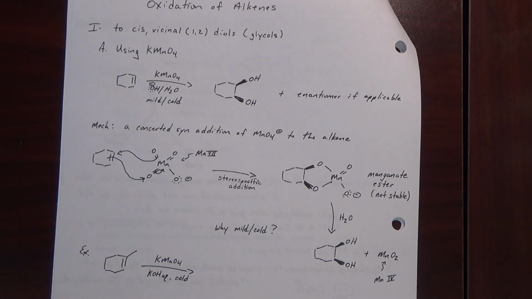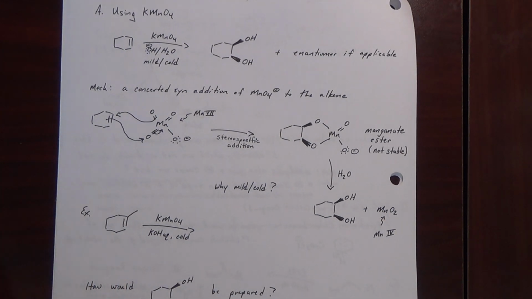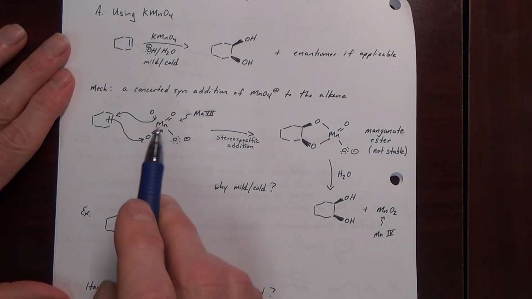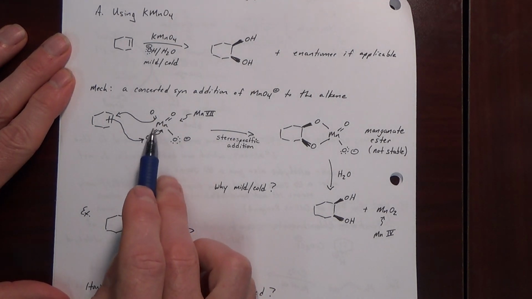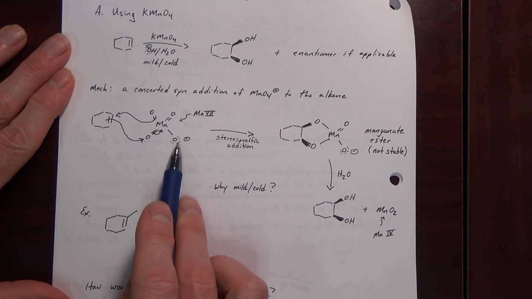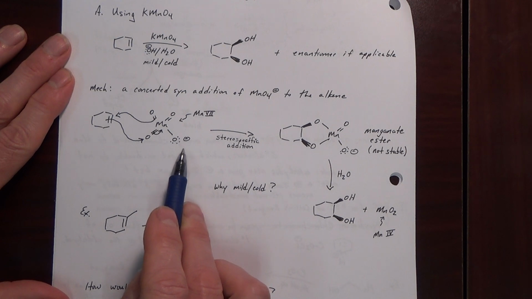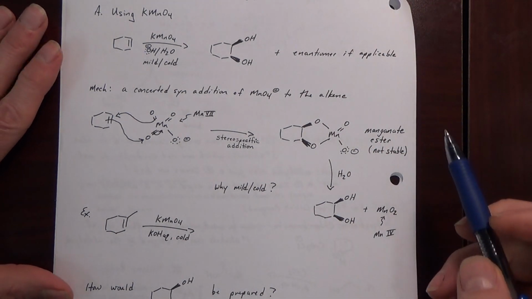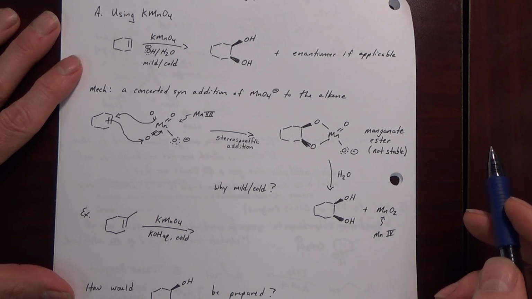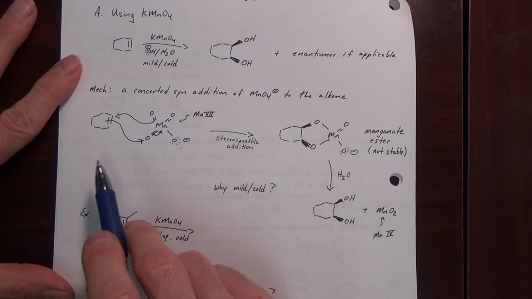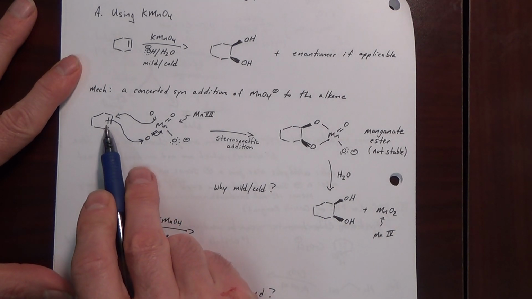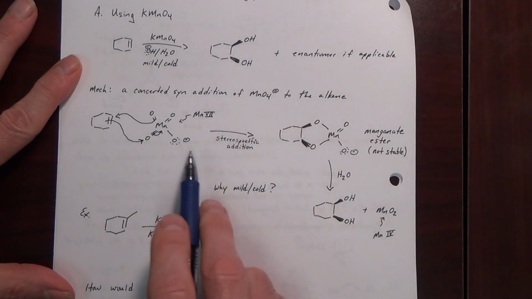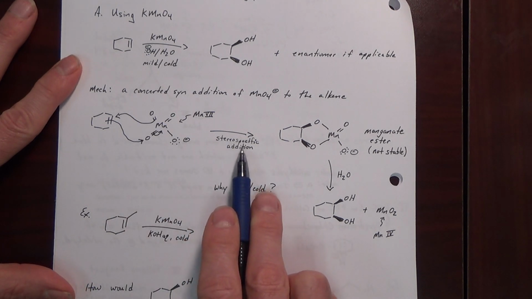Okay. Mechanism for this reaction. KMnO4 has a structure like this. Okay. One anion, the potassium cation can sit with it. And the alkene reacts with the KMnO4 in a concerted stereospecific addition.